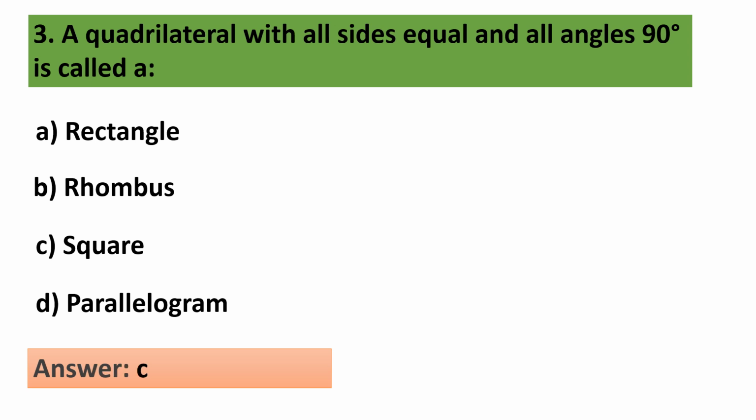And the answer is square. Square में all sides are equal and angle is 90 degree. देखिए, rectangle में all sides are equal नहीं होती, angle is 90 degree correct. So square is the right answer.